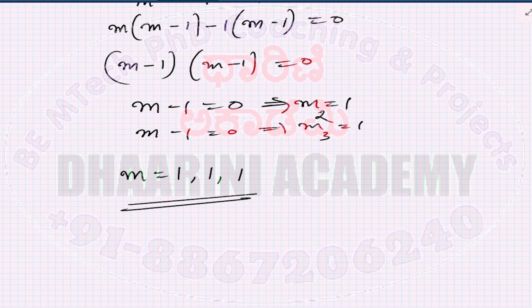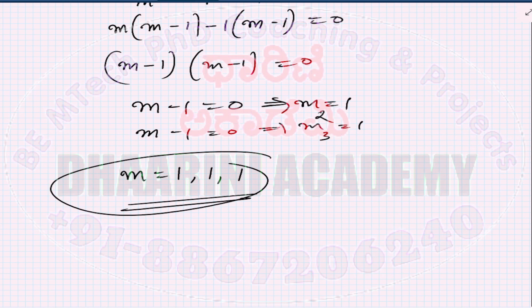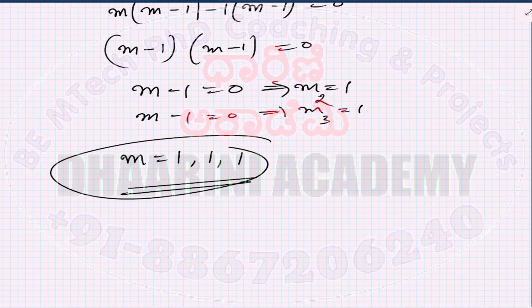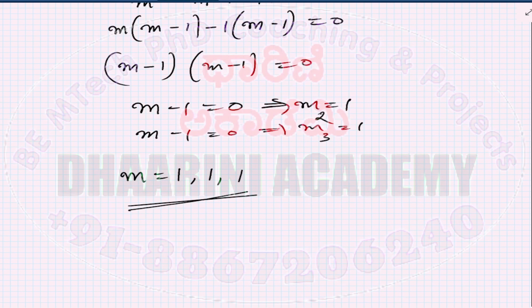Any AE you solve, you get roots. By looking at the roots, you can write the YC directly. Okay, there is no need to do any other calculation. By looking at what type of roots you got here, you can write the YC directly. Okay, right.